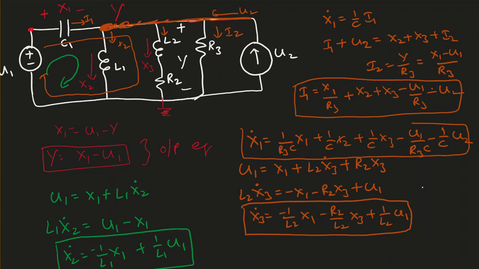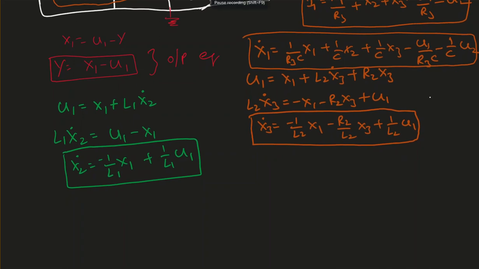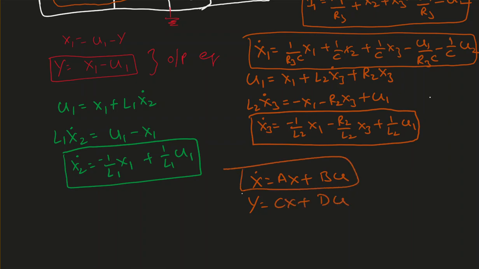Now I'm going to write this in matrix format. I have X1 dot, X2 dot, X3 dot. We know that X dot equals AX plus BU and Y equals CX plus DU. This is the state equation, and that's my output equation. The state equation tells us the instantaneous state of a system.